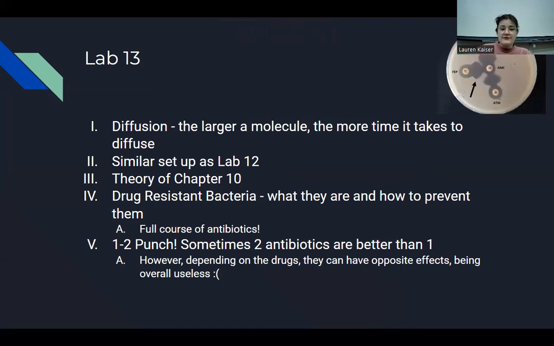So, diffusion. What it means is how something spreads out from very concentrated to less concentrated, that movement. Understand that drug-resistant bacteria doesn't happen because they took the bacteria and all of a sudden they were mutant and strong.